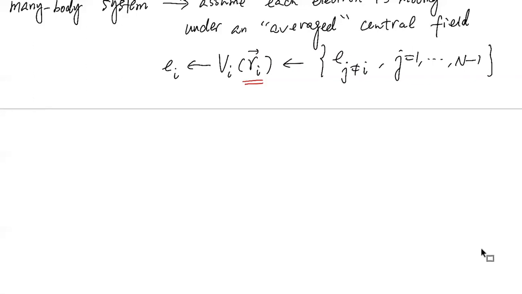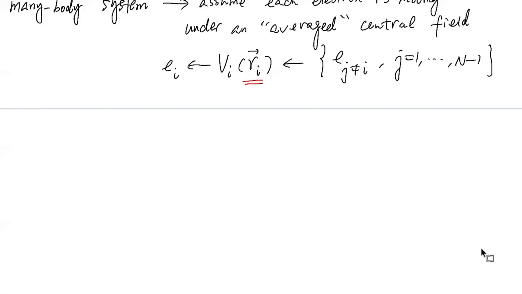But of course, you wonder, well, this looks so good, but can you tell me how to actually find such an averaged potential? How to find such an average potential that best represents the real many-body potential? That is, how to find such an optimal potential that captures all the important electron-electron interactions? This is an excellent question.